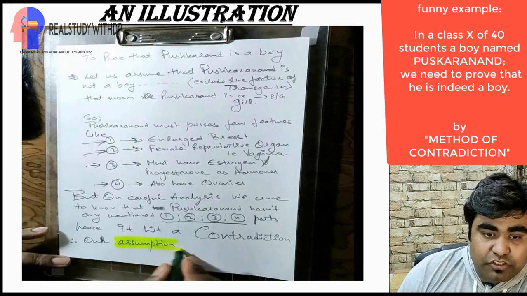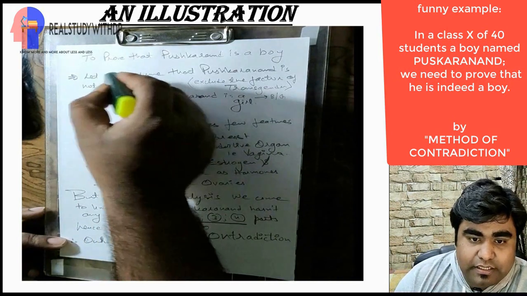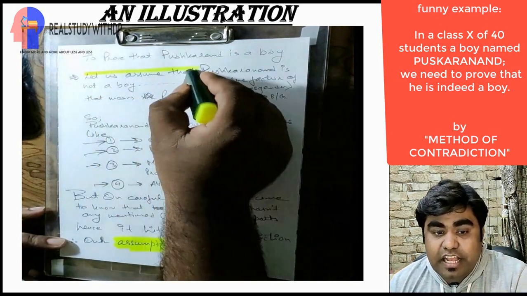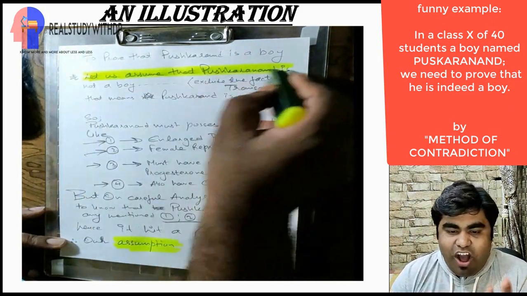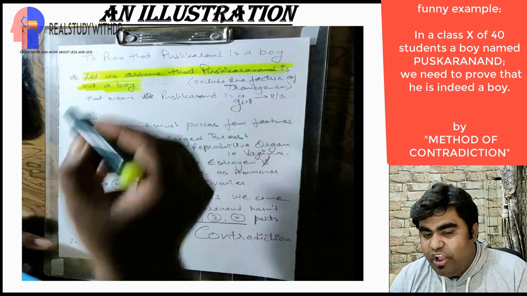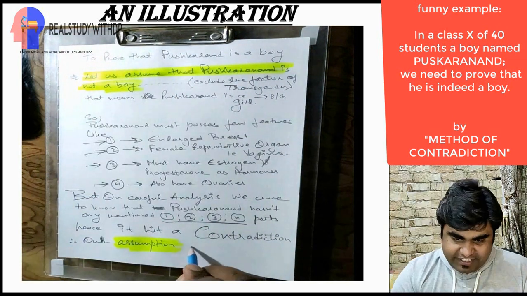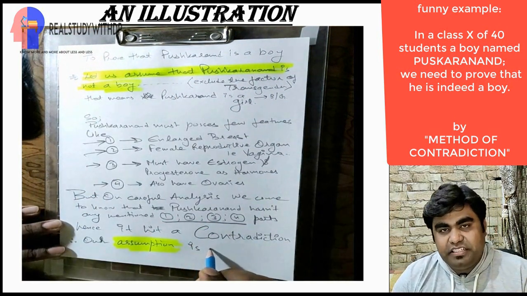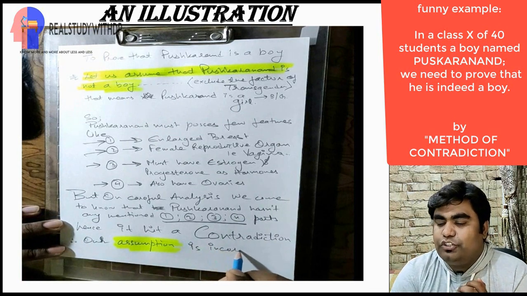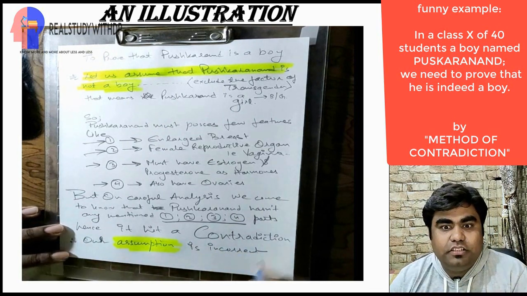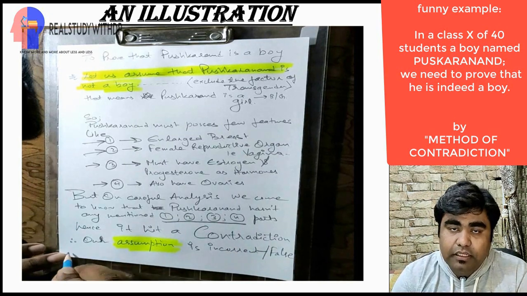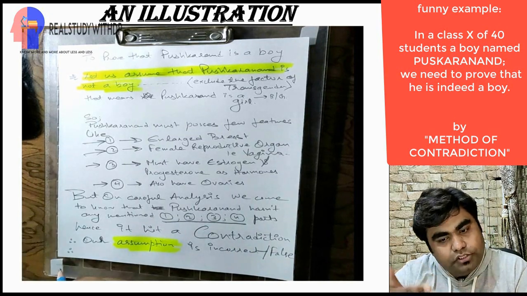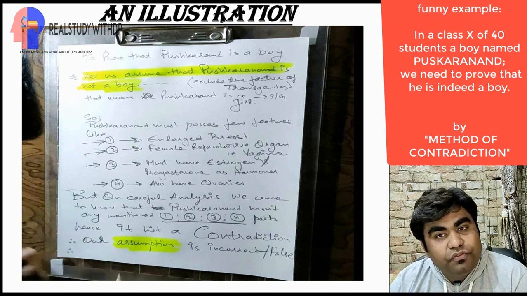We assumed that Pushkaranand is not a boy, and that contradicts over here. So our assumption now becomes incorrect, which means it is false to say that Pushkaranand is not a boy, is a girl. It is going to be false. Therefore, what are we left with now?